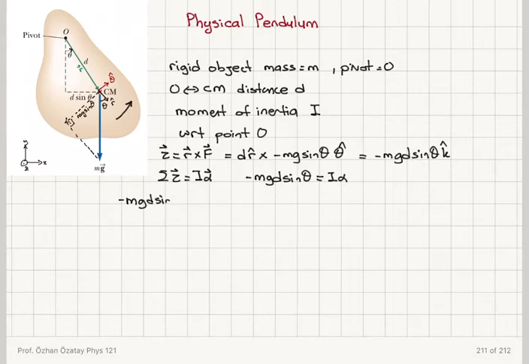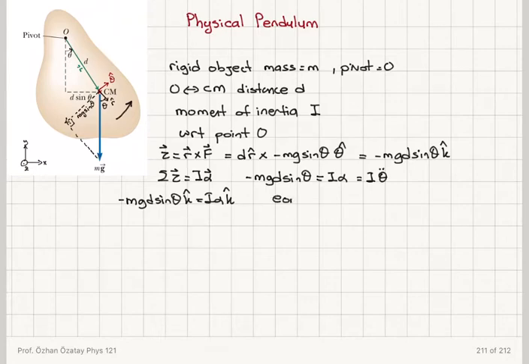I'm taking alpha to be in the k hat direction, so plus k hat direction. So if you want to write it in vector form, this would be minus mgd sine theta k hat is I alpha k hat, right? So I can see that I need to have this minus sign here if the torque is trying to decrease the angle.